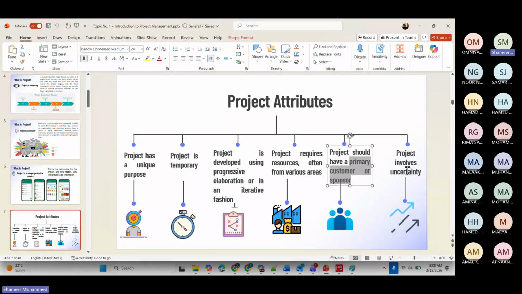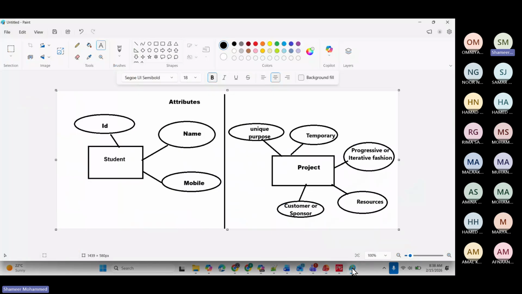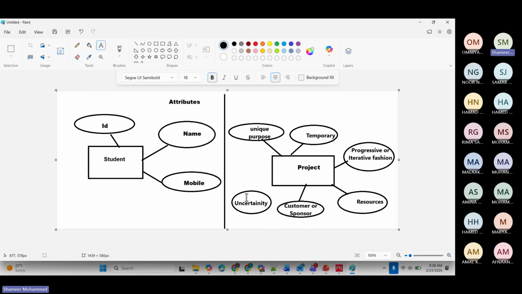Another one, uncertainty. Every project will have uncertainty. So what does uncertainty mean?